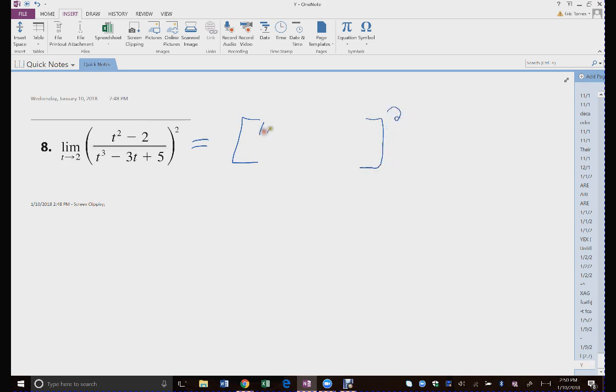So I can take the limit first inside as t approaches 2 of t squared minus 2 all over t cubed minus 3t plus 5. So what I just applied was limit law number 6.